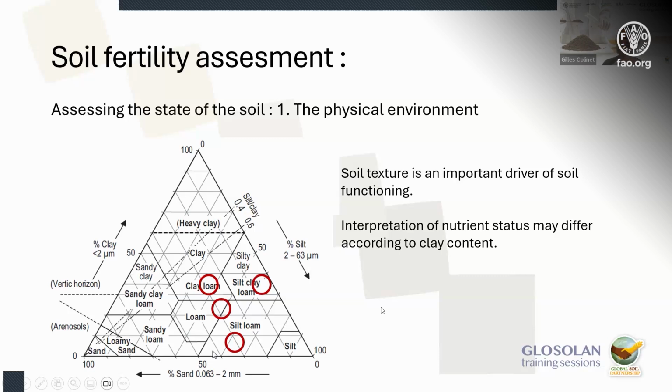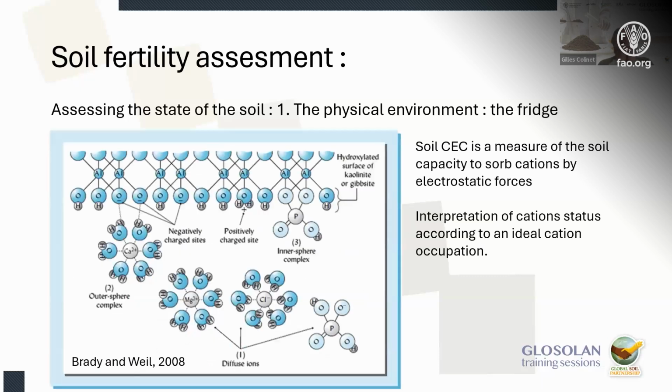So they should have different kinds of functioning in the field, and maybe the interpretation system that you need will depend on the type of soil texture that you have, and you should treat them differently. So that's the texture that will give you an indication of the nature of the soil and the importance of the clay content.